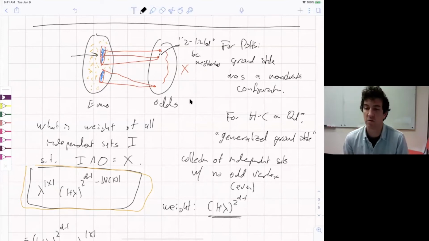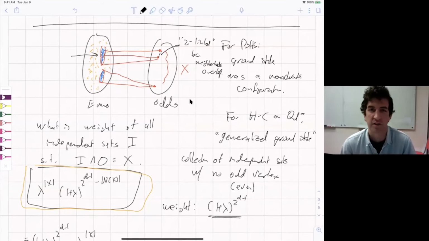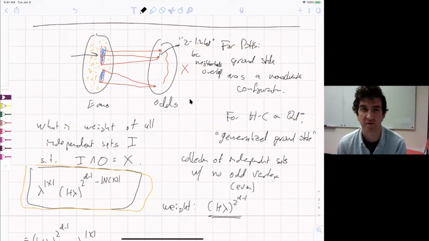Another way to view 2-linked vertices on the odd side is that they're connected in the square of the graph, or they're connected by hops of length 2 in the graph. So these 2 vertices are 2-linked, but this vertex over here, since the neighborhoods don't overlap, means that there are 2 distinct 2-linked components in this defect X.